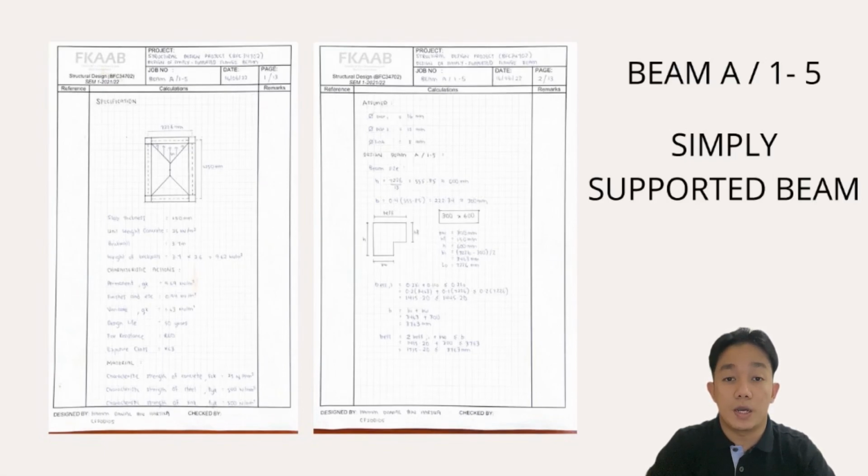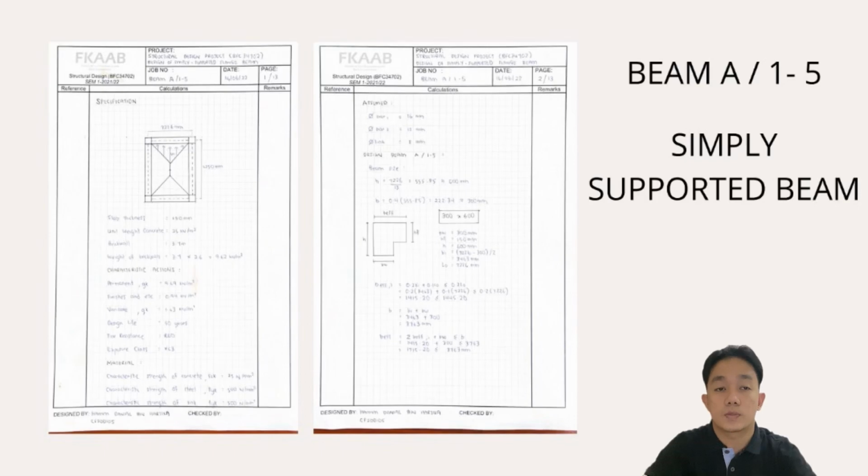Today, I want to explain my part, which is simply supported beam A1 to 5. For the calculation of beam A1 to 5, I want to make it simple and fast. For our beam A1 to 5, the width is 726 mm, meanwhile the length is 5550 mm.